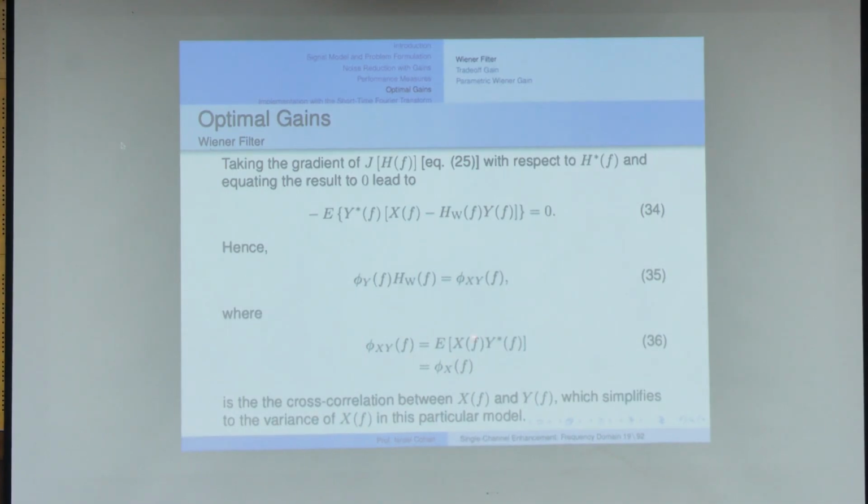Why? Because Y equals X plus V, and V is independent of X, so they don't correlate, so the numerator becomes the variance of X. The denominator, phi Y, the variance of Y, is the summation. So we get the same solution.